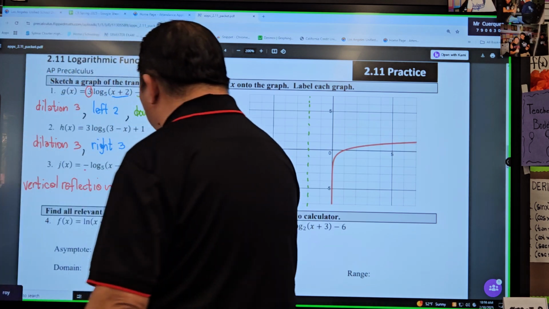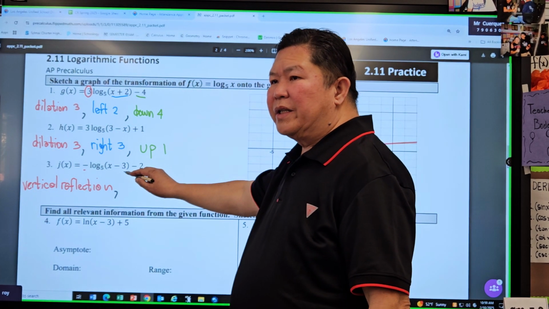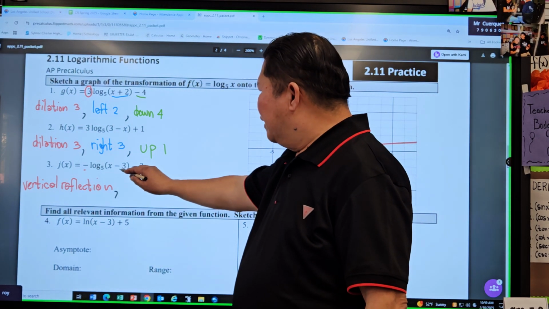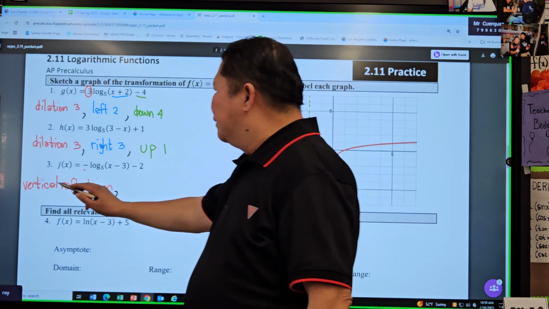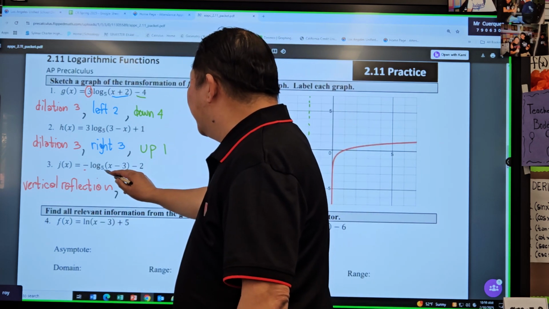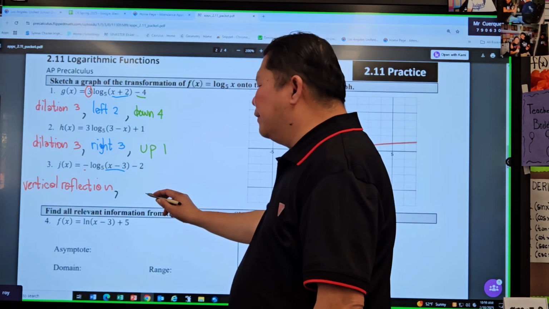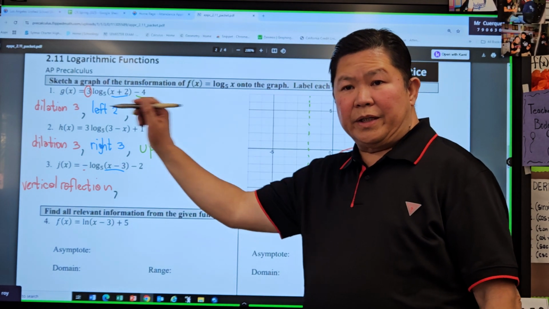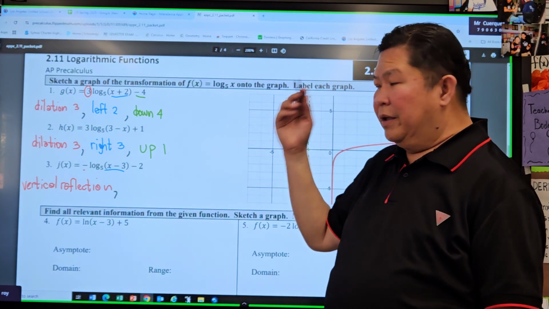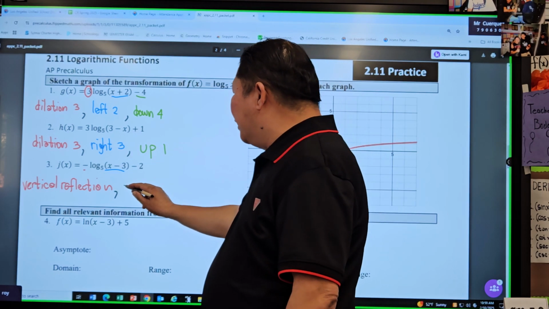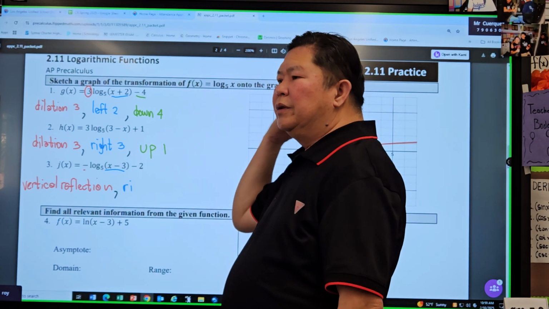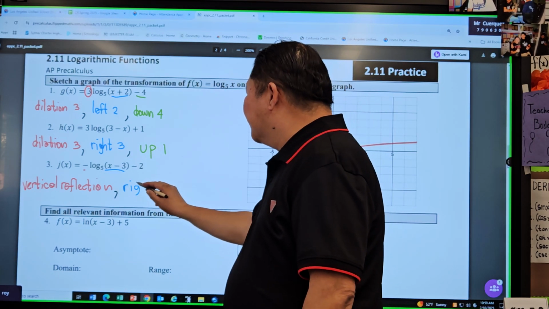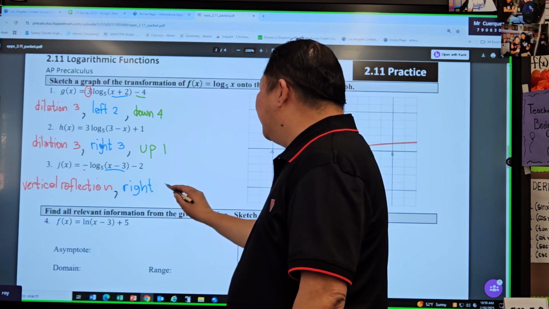So, where is the shift right here, guys? Left or right? For this one, where is the shift? Is it towards the left or to the right? This is negative, so therefore this goes to the right. Right 3.